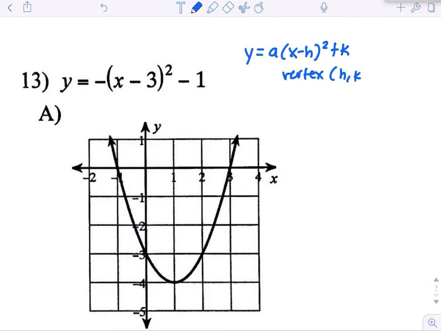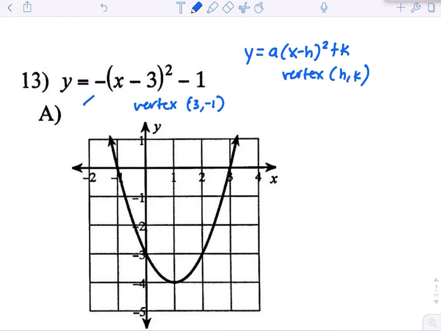Kind of like the opposite of what you guys think to some degree. So in this one, I know the vertex to be 3, negative 1. The vertex in that equation, you guys, is 3, negative 1. If it said x plus 3 squared, then it would be negative 3, negative 1.